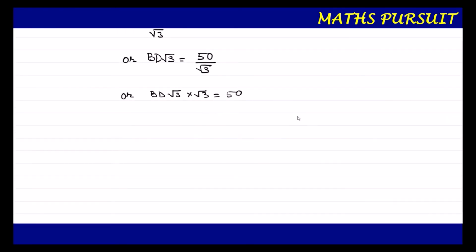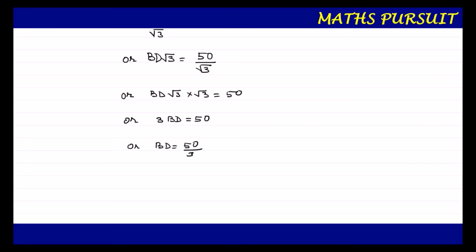So it got multiplied. So BD root 3 into root 3 is equal to 50, or I can say 3BD is equal to 50, because root 3 into root 3 is 3. Or I can write BD is equal to 50 upon 3. So we got BD is equal to 50 upon 3.